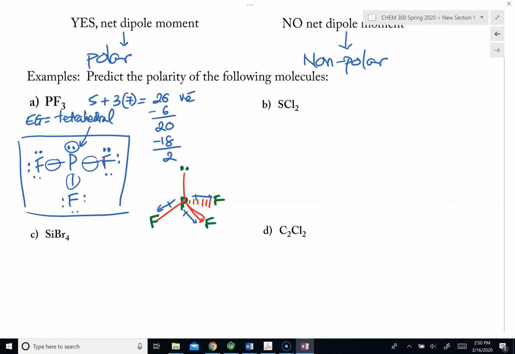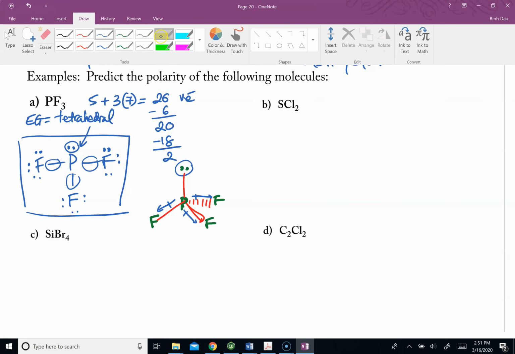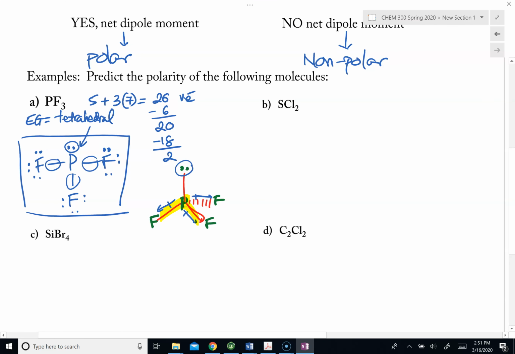So you can see in this case that although the lone pair does not have a dipole moment, it's really important. It has a big effect on the overall molecular polarity of this molecule, since the presence of this lone pair of electrons forces all the dipole moments to point in this way. And in this case, they do not cancel out since they are not flat.